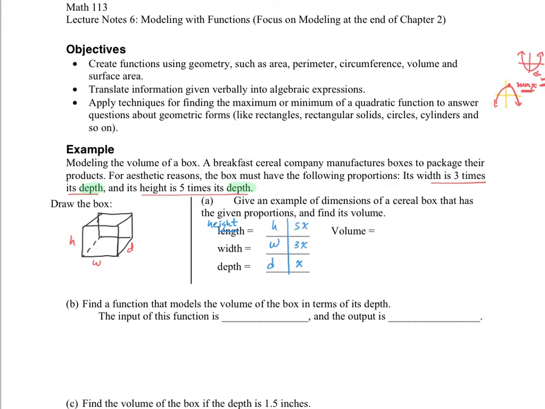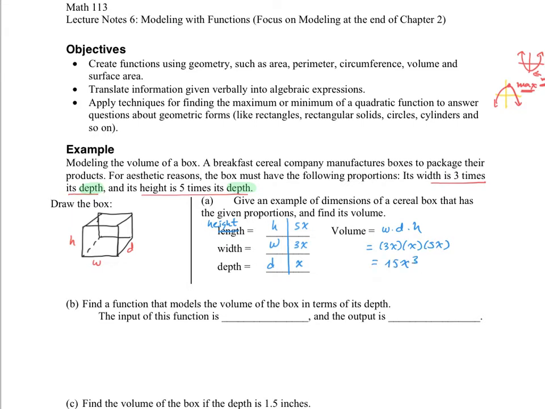Remember that the formula for the volume is equal to width times depth times height, or height times depth times width, it doesn't matter. So in this case, it will be 3x times x times 5x, which is equal to 15x cubed.